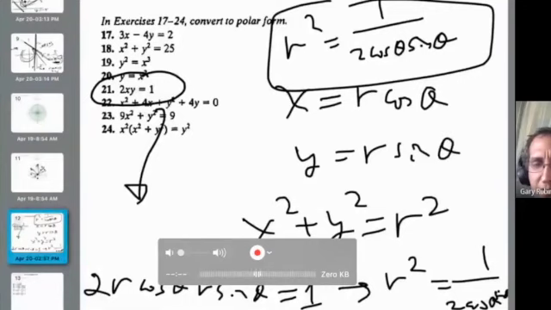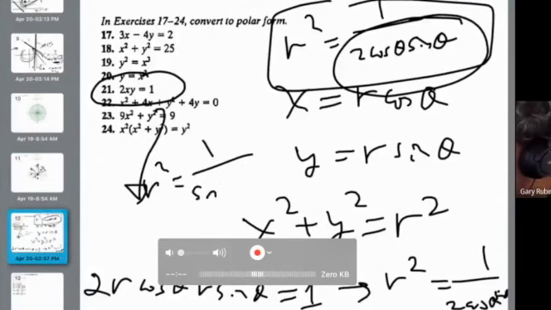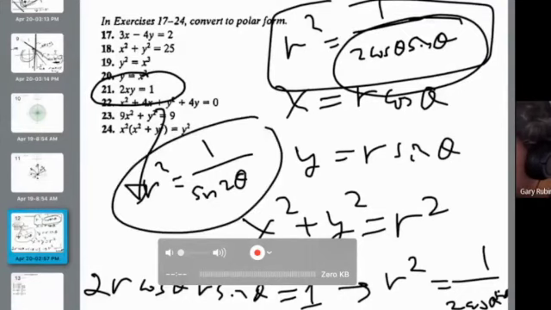Besides taking the square root of both sides, for instance, this denominator, does that ring a bell? Yes, that's the formula for the double angle for sine. So I could change this to r squared equals 1 over sine 2 theta. There wouldn't be a real compelling reason to do that.